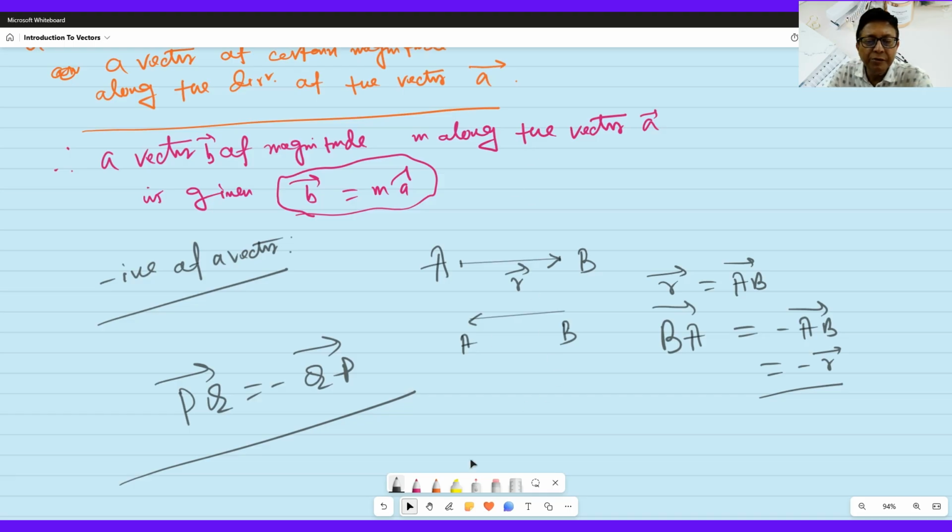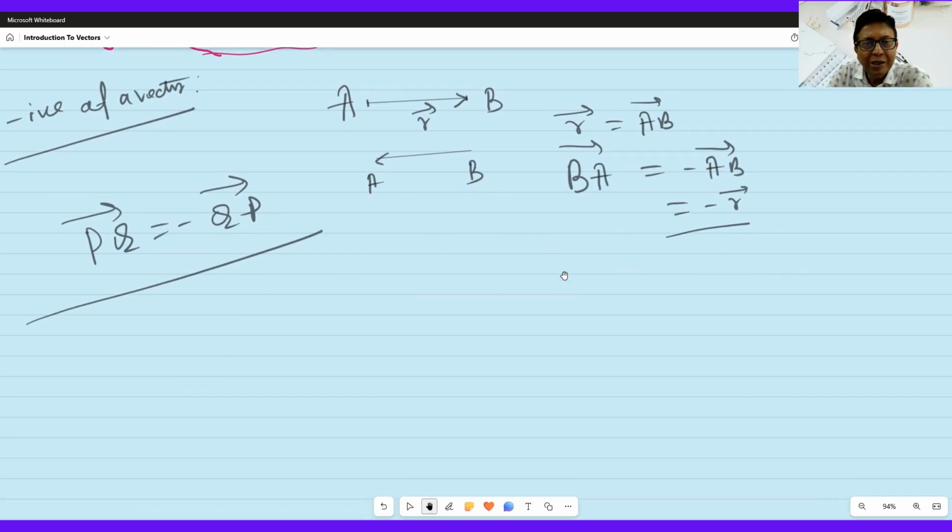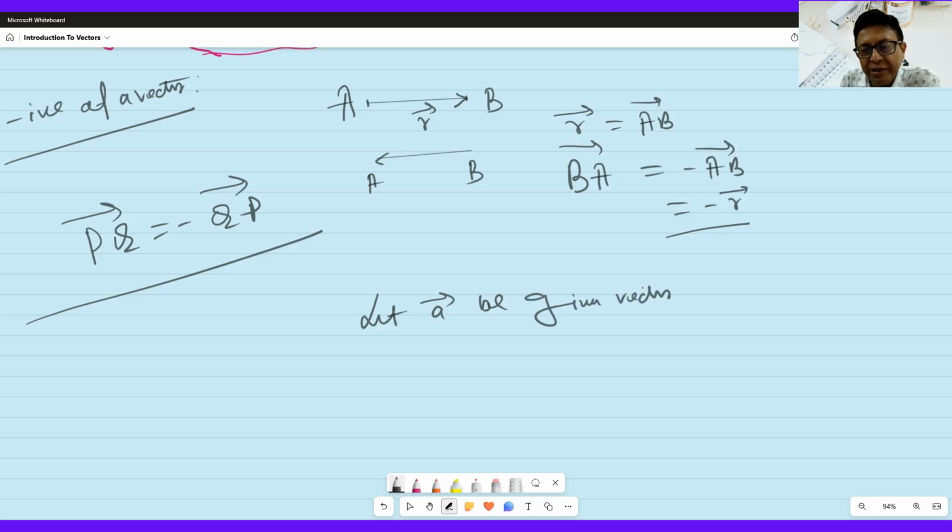Now, I give you one task to do. Suppose A is a given vector of magnitude 5 units.